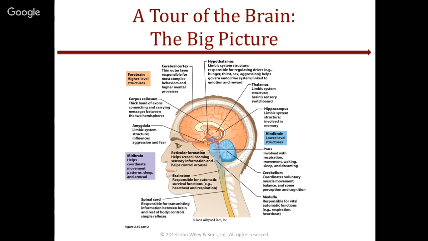You have the forebrain, which is right in the front of the brain, your frontal lobe. Then you have your midbrain, which is in the middle. And then you have your hindbrain, which is in the back of the brain.